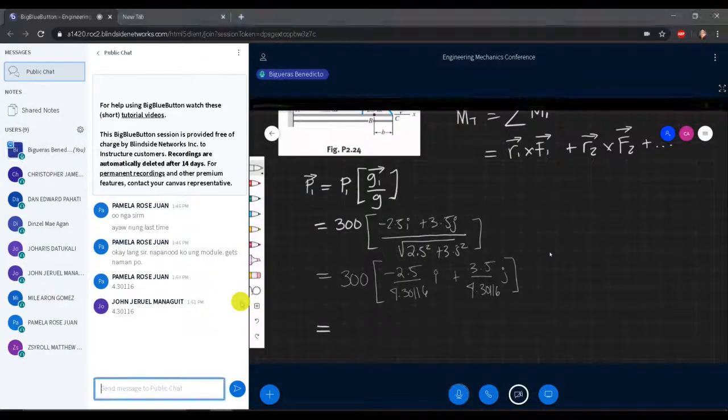Pa-distribute yung 300. So, what would be the vector of P sub 1? Yung formula natin na direction vector, ginagamit yan kapag hindi given ng angle, no?